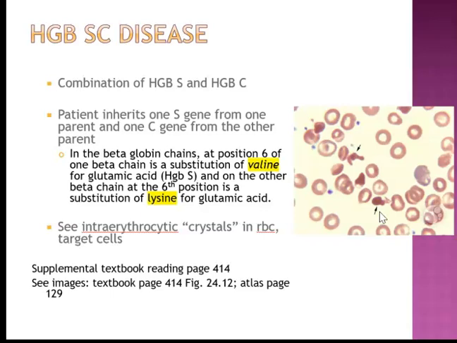So these are crystals within our red blood cell or our erythrocyte. These are usually irregular shaped crystals. Sometimes people say they look like little mittens. This one right here is kind of turned upside down. This would be the thumb and the rest of the fingers. But again, they're usually irregular shaped crystals within the red blood cell.